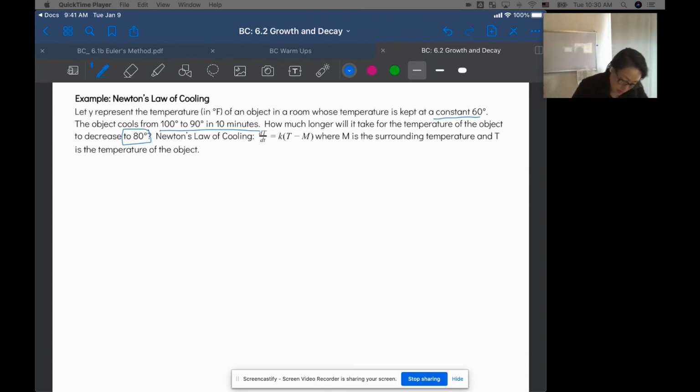Okay. Newton's law of cooling is defined by dT/dt equals K times (T minus M), where M is the surrounding temperature and T is the temperature of the object.